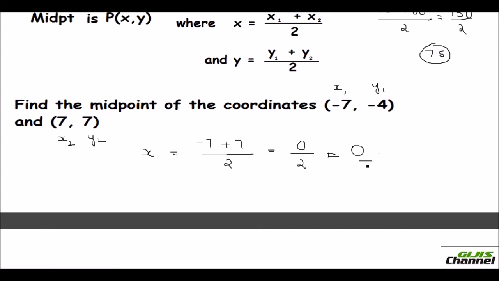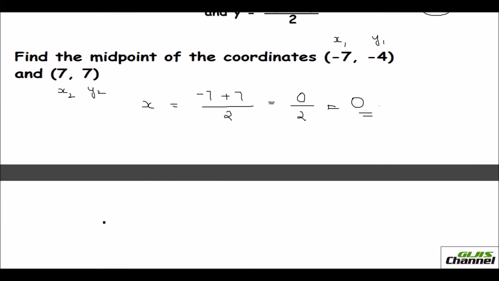Similarly, let us find the y coordinate. y is equal to the sum of y1 and y2, so that is -4 plus 7 divided by 2, which is 3 over 2. You can take it as 1.5.